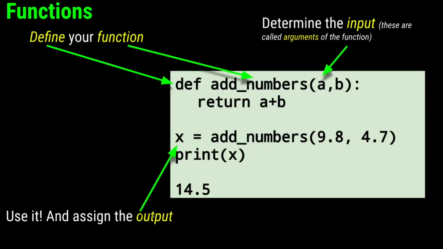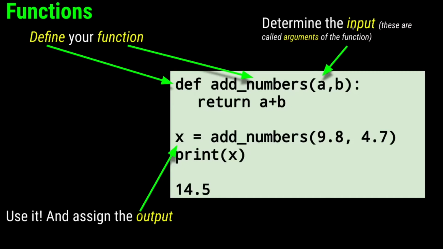In Python, the way you code this up is you define a function. And the way you define your function is you actually have this Python keyword def. Okay, so this Python special word def is short for define. It allows you to define a function. And in this case, the function that we've defined is called add numbers.